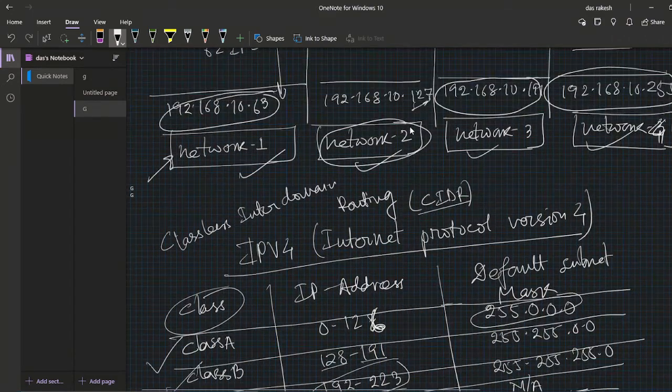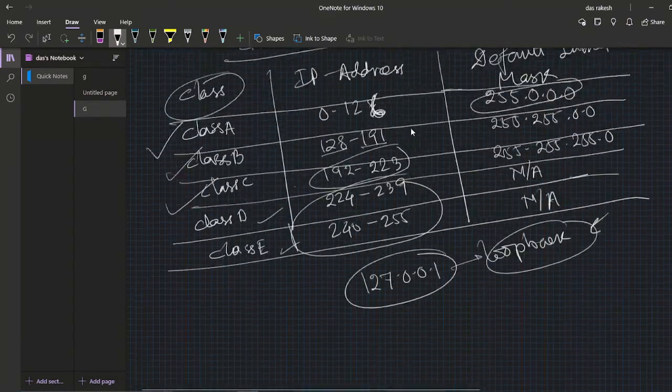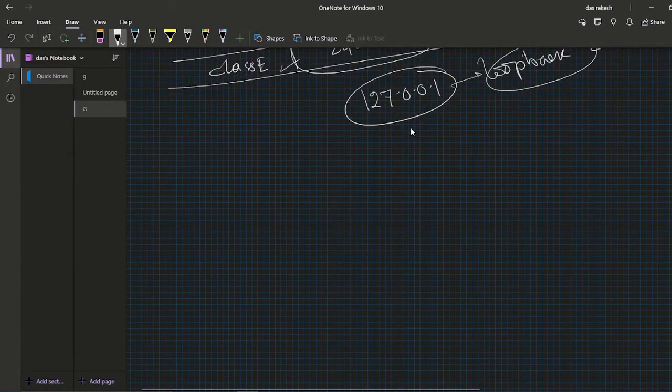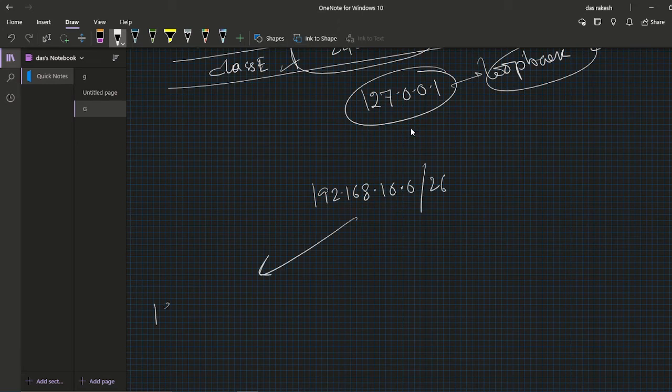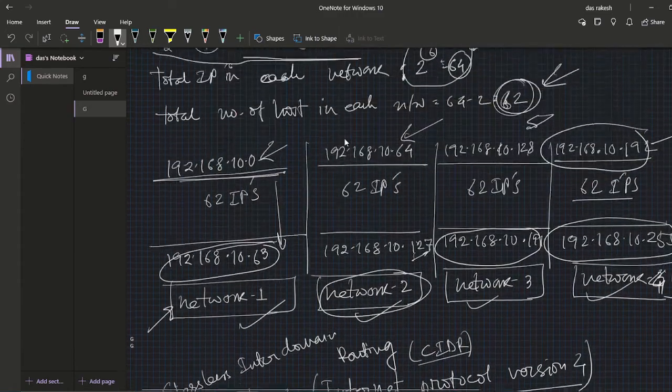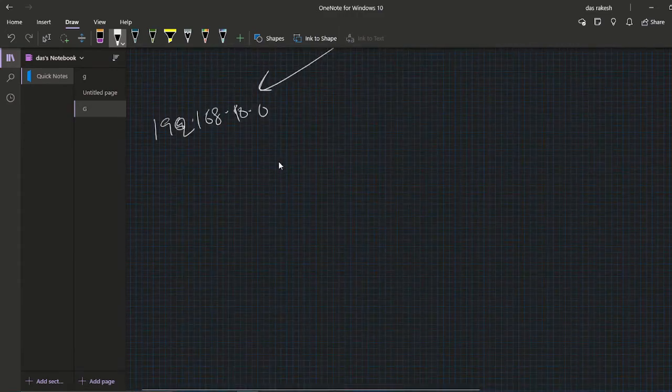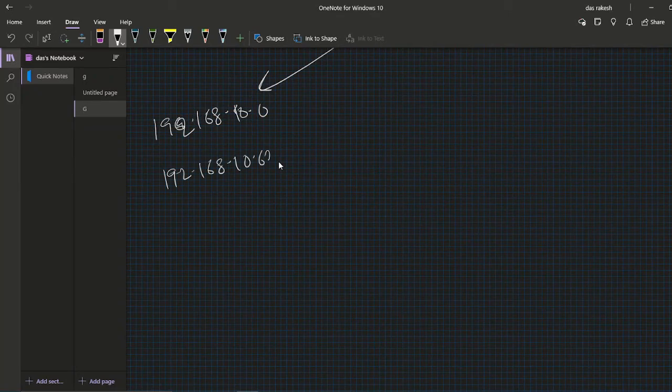So there are different types of computers and hosts. Say for 192.168.10.0 with /26, 4 networks are assigned. The first network starts from 192.168.10.0 and the last IP address assigned is 192.168.10.63.